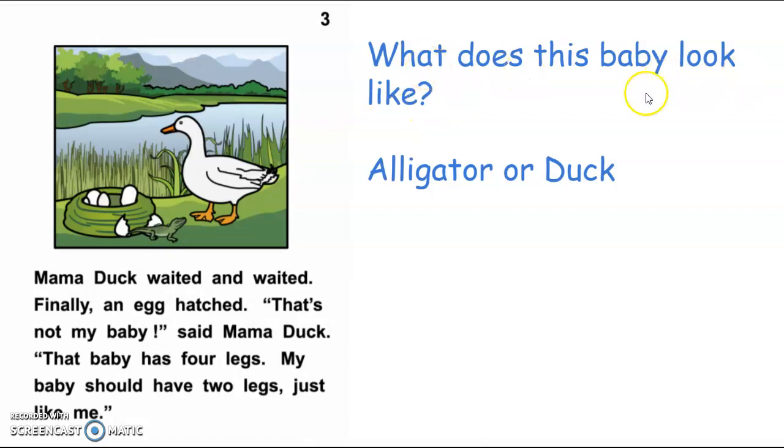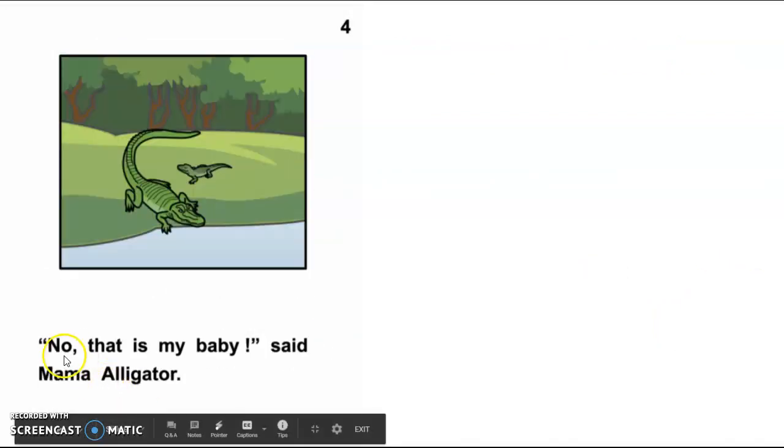Oh, what does this baby look like? Does she look like an alligator or a duck? Yeah, she looks like an alligator. Let's see if we can find her mama. "No, that is my baby," said Mama Alligator.